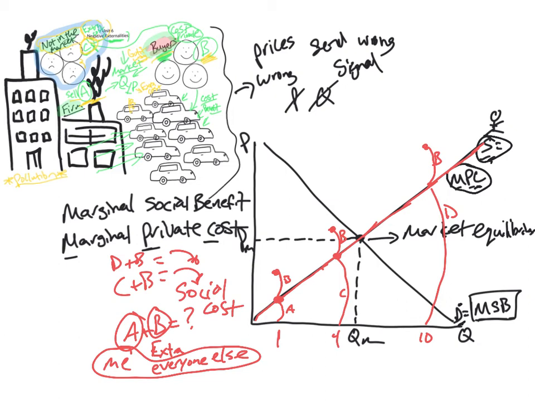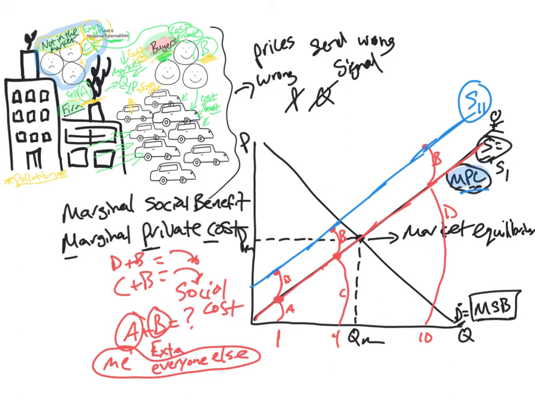So if we were to create this new line, let's do it in blue, this line is in addition to this first supply curve. This first supply curve is like supply 1, let's say, and this second supply curve is supply 2. That supply curve represents something different. This first supply curve is showing the marginal private cost.